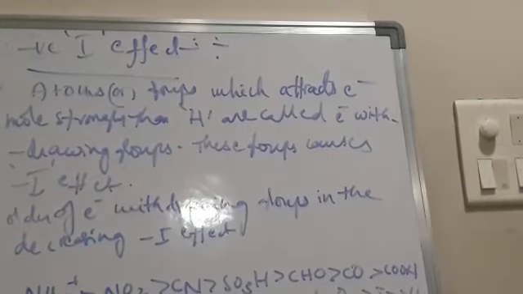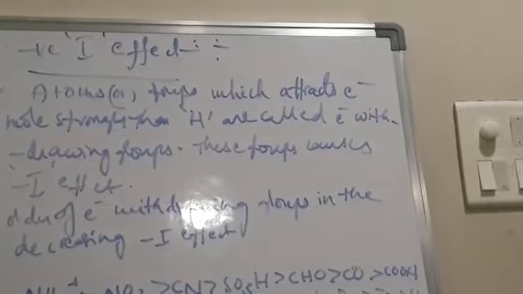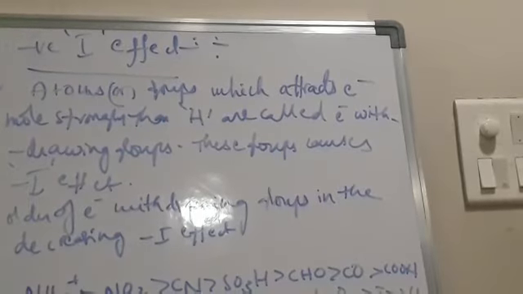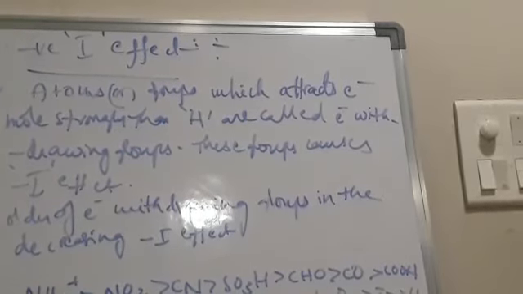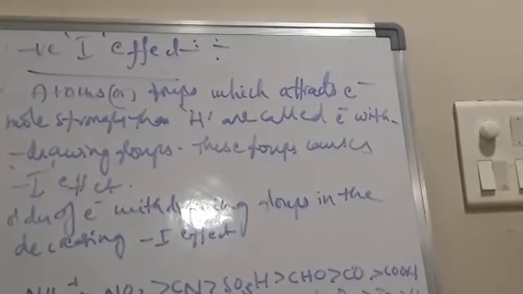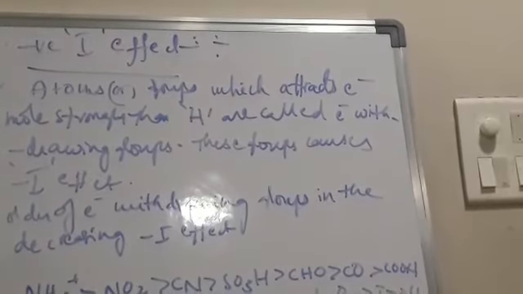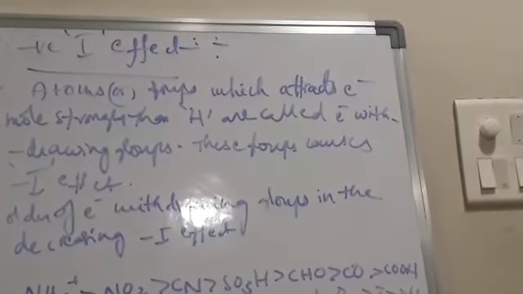Next, coming to electronegativity. You know that as electronegativity decreases, the inductive effect also decreases. So here the negative inductive effect decreases as electronegativity decreases. For example, halogens: fluorine is more electronegative, so fluorine is greater than chlorine, greater than bromine, greater than iodine.